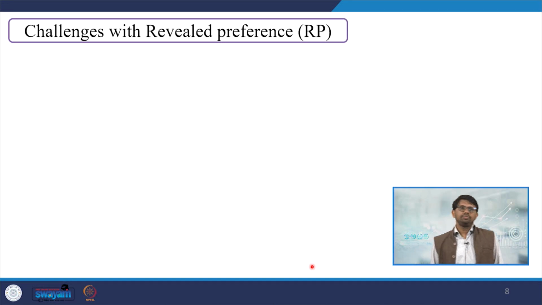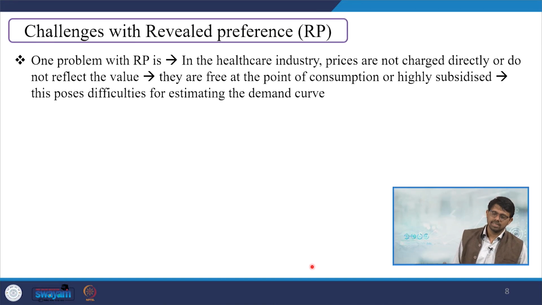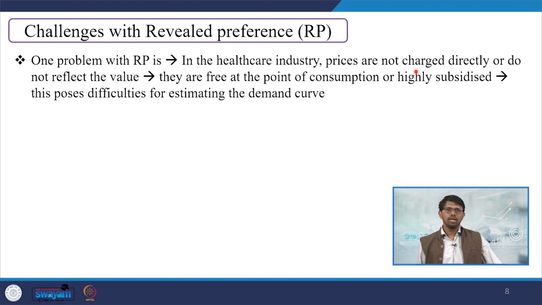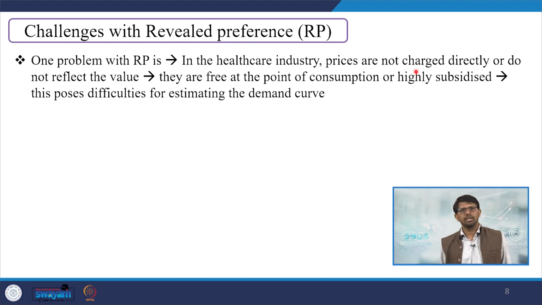Okay, so there are some challenges, as I already said, in estimating the options availability. The challenge with RP is that, especially in the healthcare industry, prices are not charged directly or do not reflect the value. So, the prices quoted in the example may not be directly observed, and the services are free at the point of consumption or highly subsidized in a number of cases.